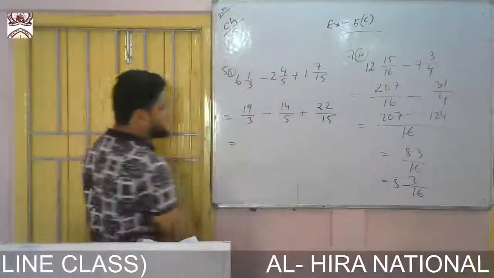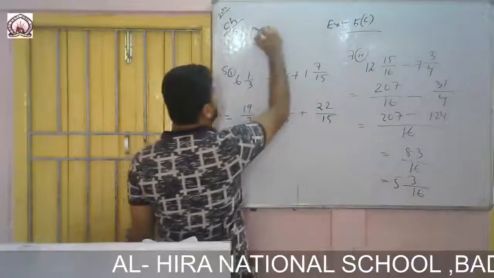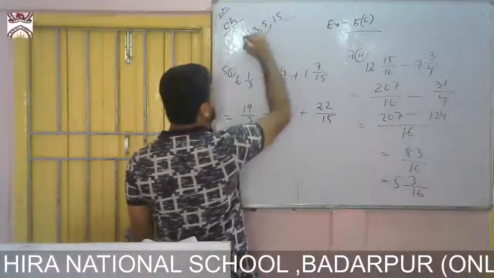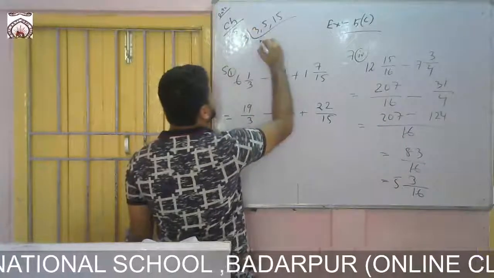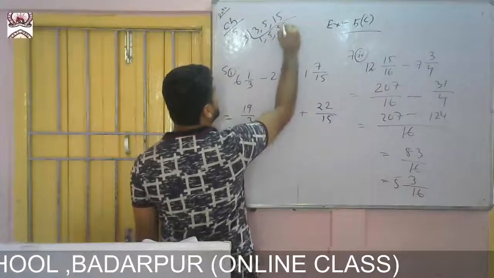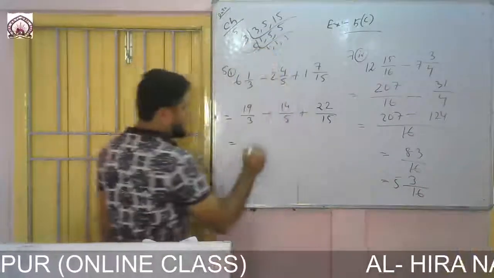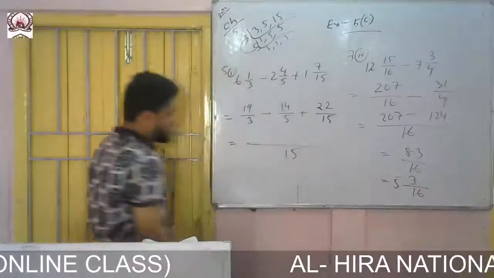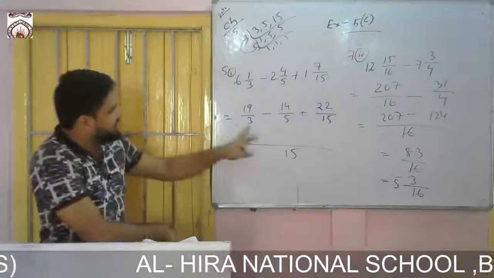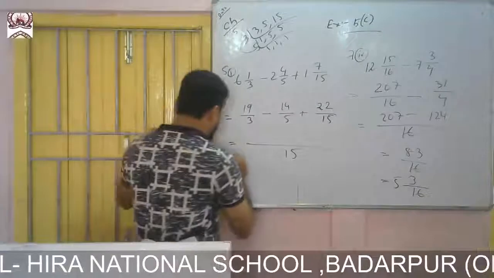Now take the LCM. So the LCM will be, I think, 15. All are divisible, so let me check: 3, 5 and 15. Now we divide 15 with 3: 3 5s are 15. So 5 19s are, you see.